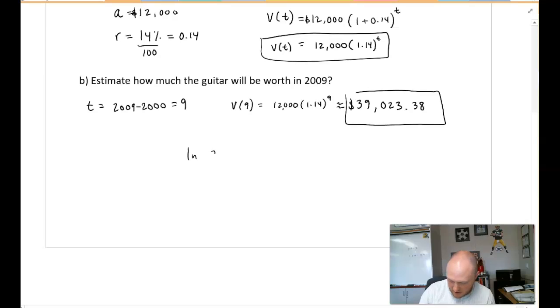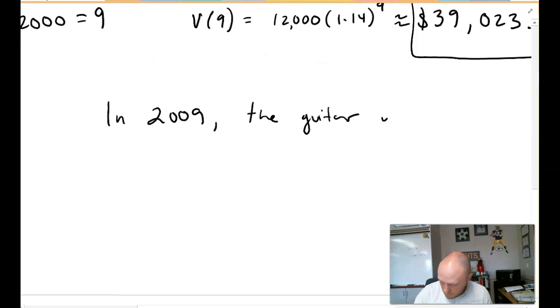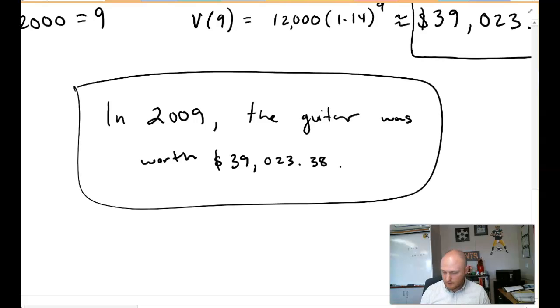So we say, in 2009, the guitar was worth $39,023.38.